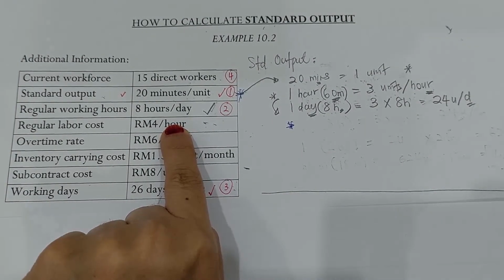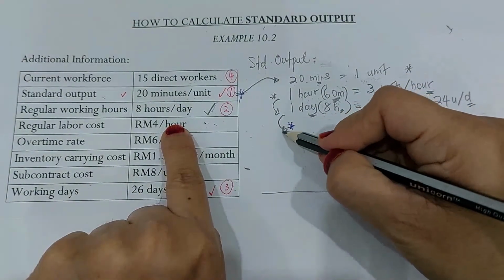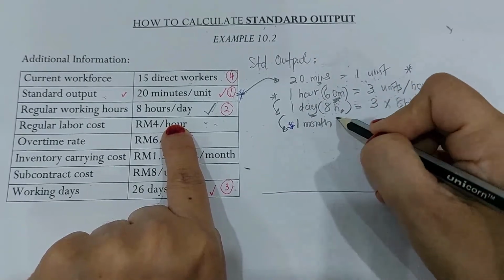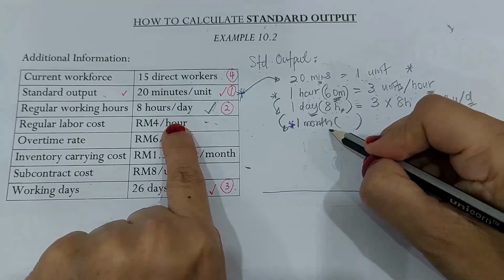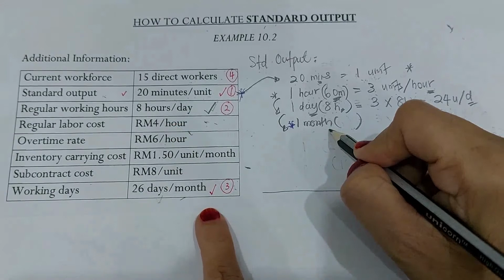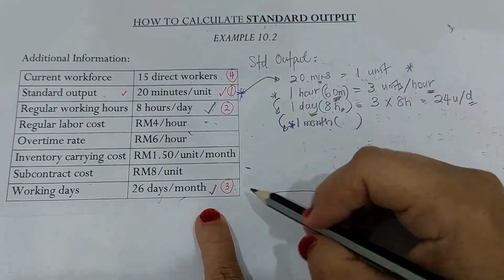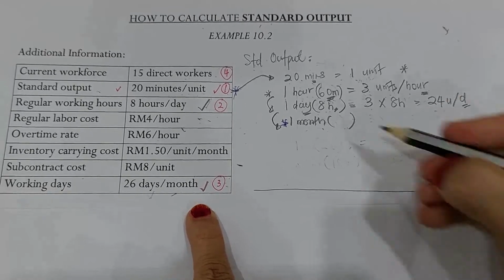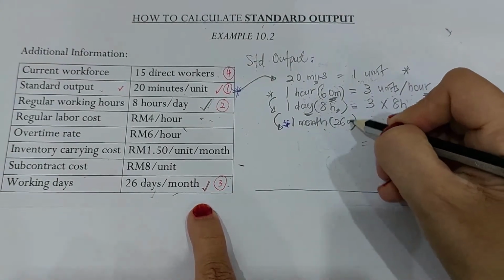Okay. Then we move forward from 1 day basis and we make it for 1 month basis. So for 1 month basis, kita kena tahu how many days the company is working in 1 month. So this is the number of days the company is working in 1 month. Okay. So the company is working for 26 days.